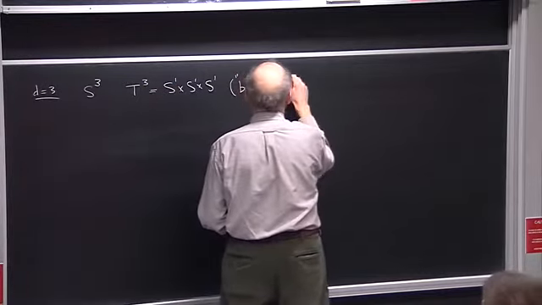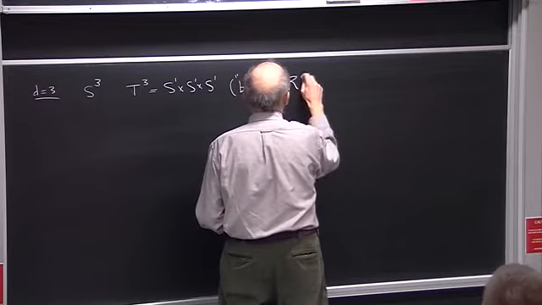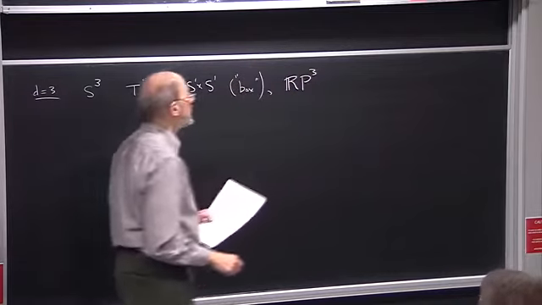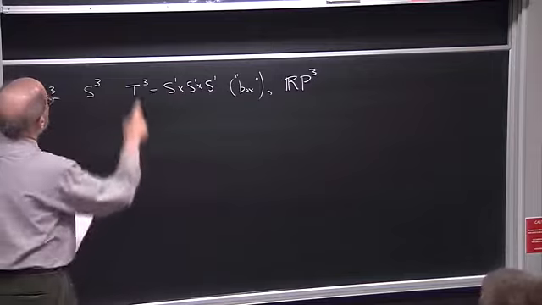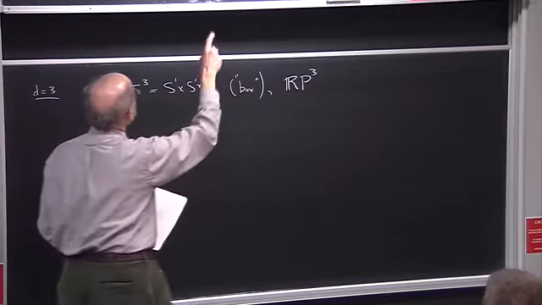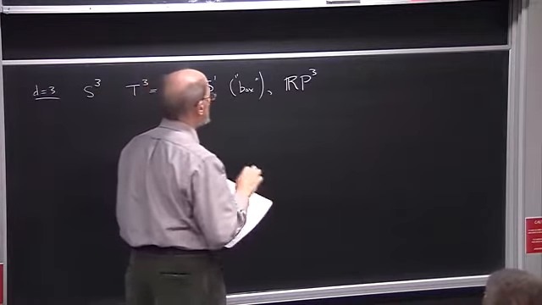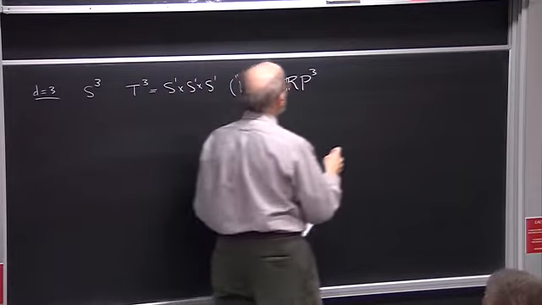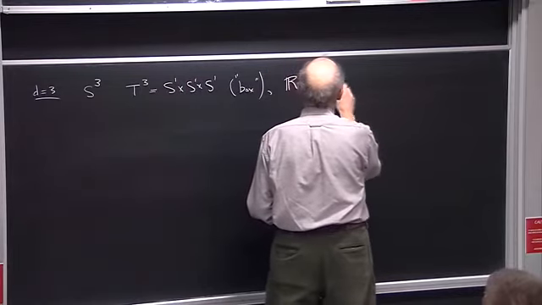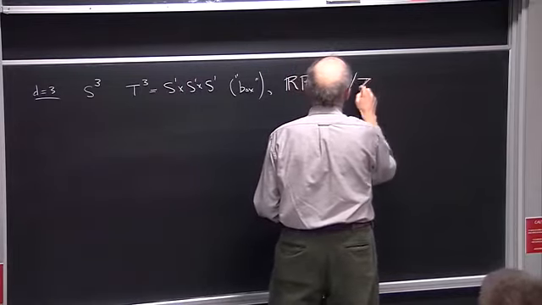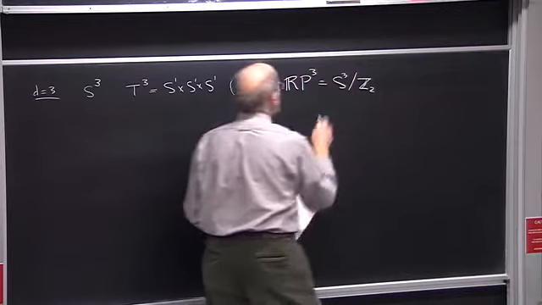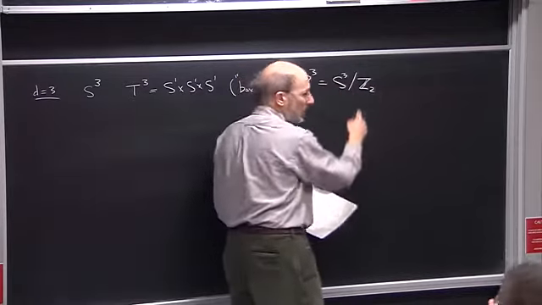Here's another one you won't know the name for. RP3, that's the analog of RP2, the simplest non-orientable surface in two dimensions. You write it like this, usually. It's the three-sphere modulo the two-element group.